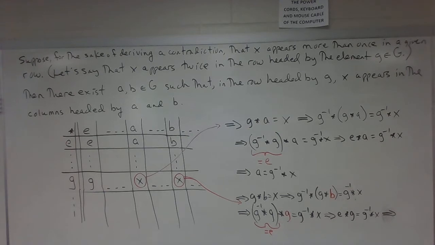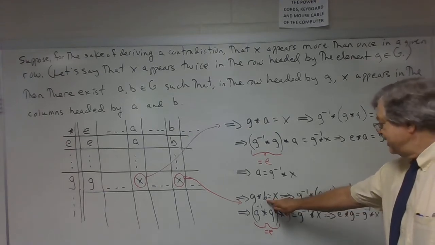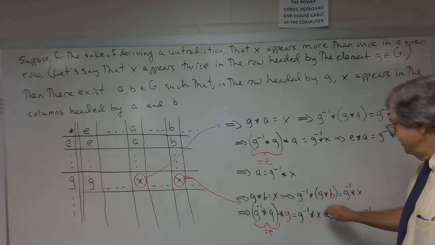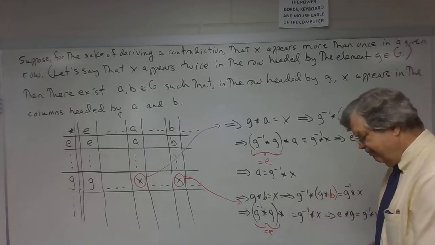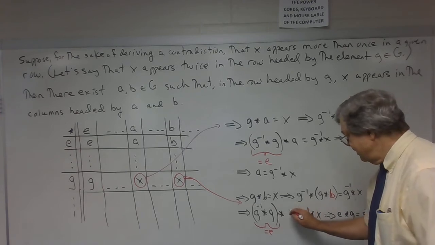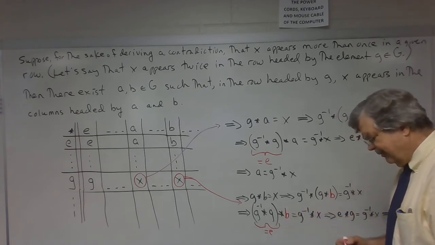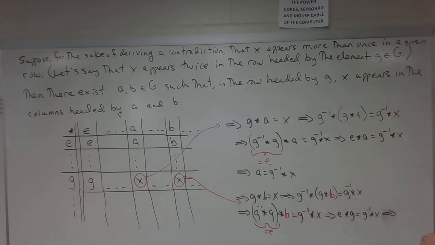Am I messing up here? Yes, I am. I beg your pardon. Oh, you're going to have to look at this proof again. I apologize. Well, what this tells us is B equals G inverse X.